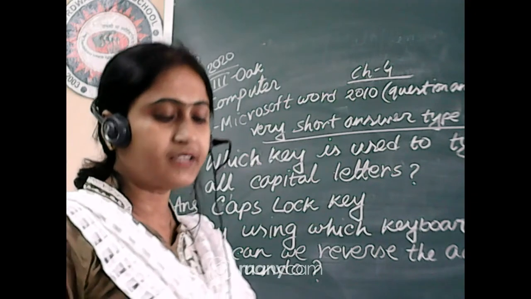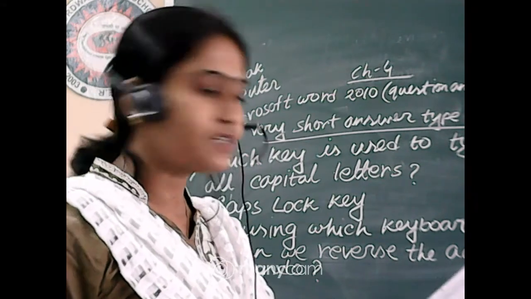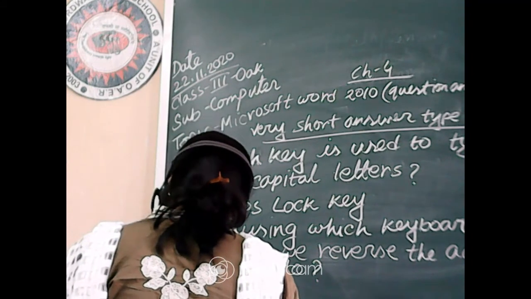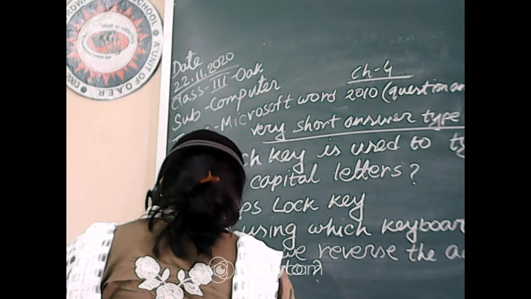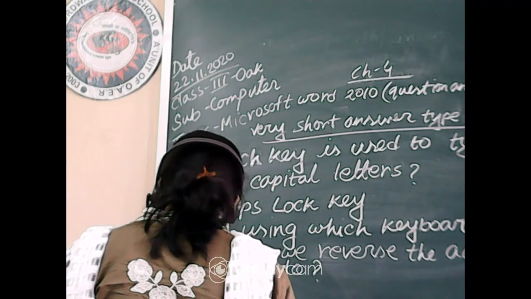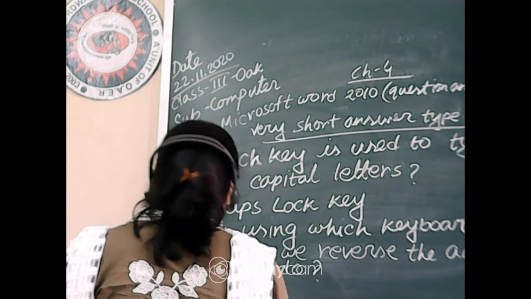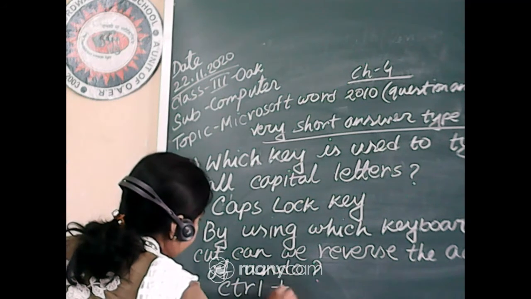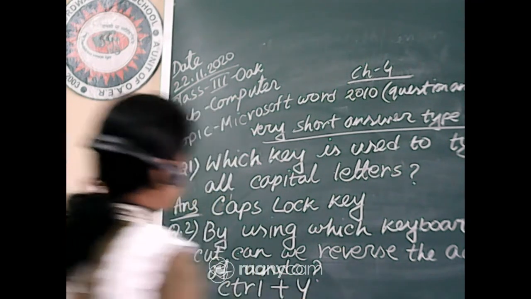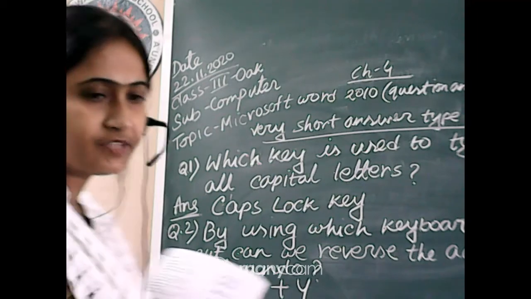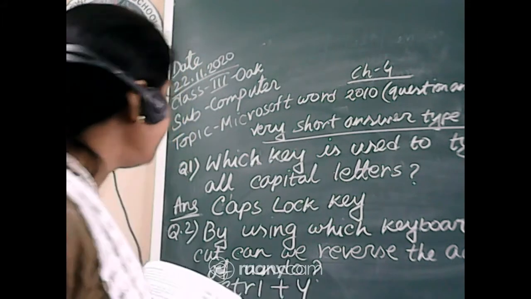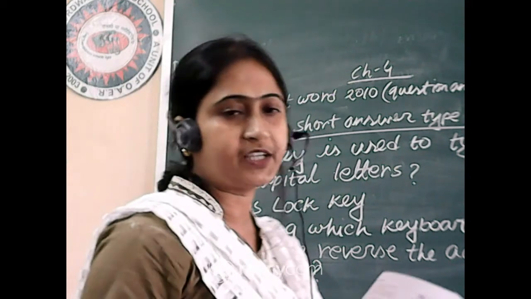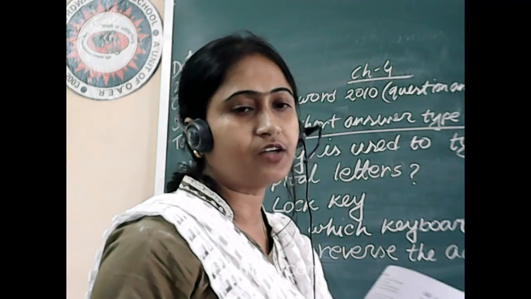The keyboard shortcut is Control plus Y. Write down the answer, all of you. CTRL plus Y. This is a shortcut key of the keyboard, and this is the shortcut of the redo option.